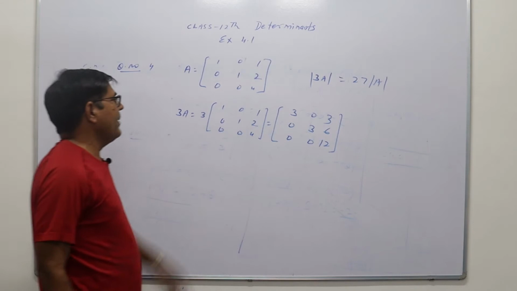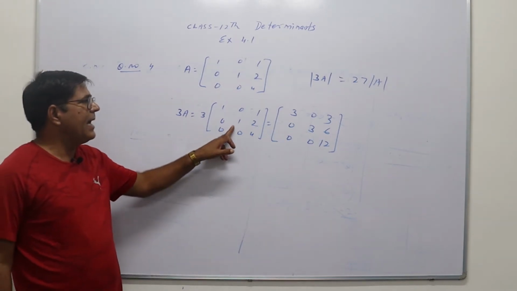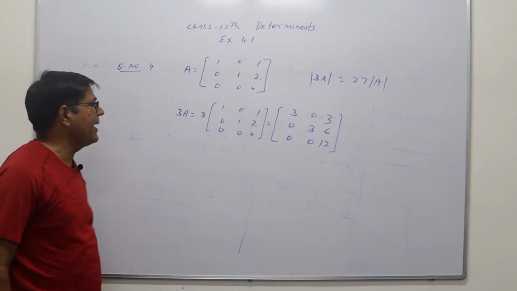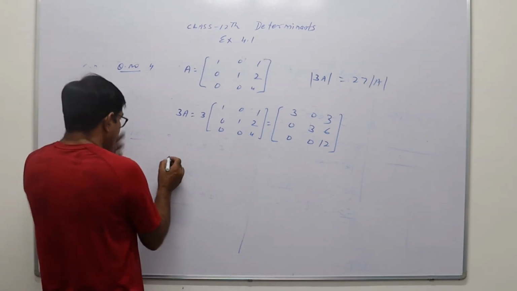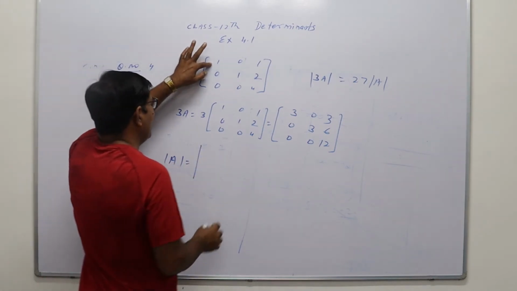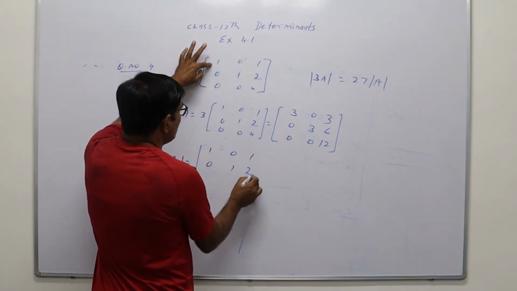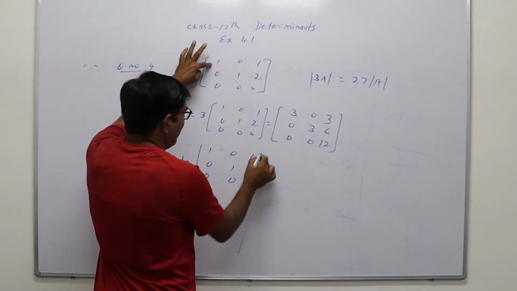The scalar multiplication of any matrix means this scalar will be multiplied with every element of the given square matrix. Now determinant of A means we have to find the determinant of the given square matrix 1, 0, 1, 0, 1, 2, 0, 0, 4.